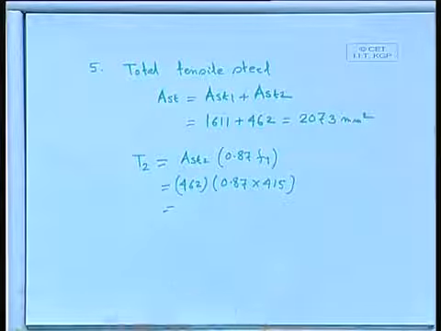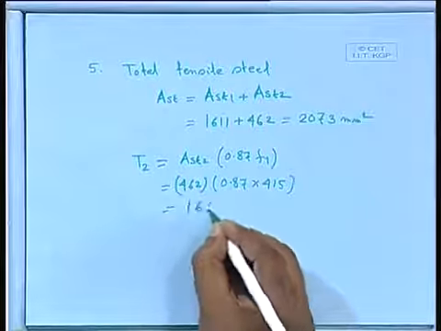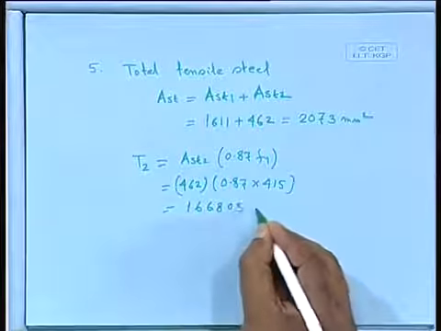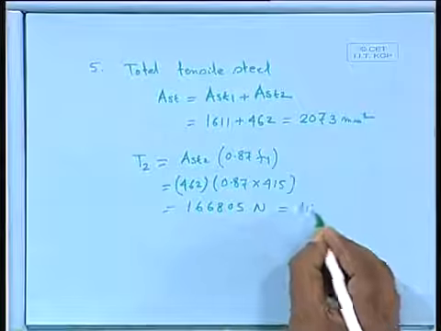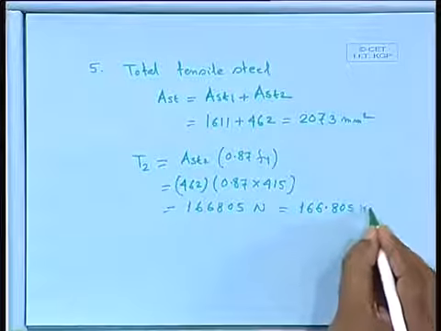This is the force. So, 462 times 0.87 times 415 comes as 166,805 Newton, equal to 166.805 kilonewton. This is the force.